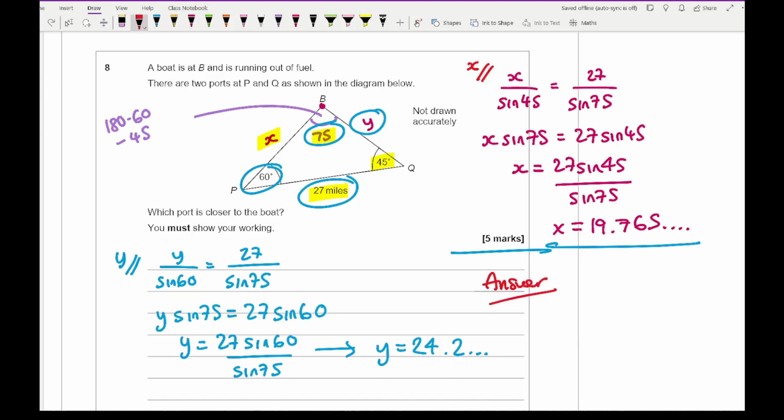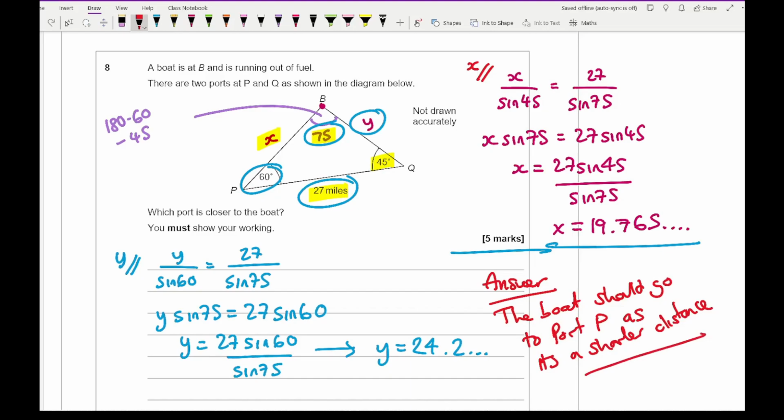It is x. So that means the boat should go to port P as it's a shorter distance. And there we go.